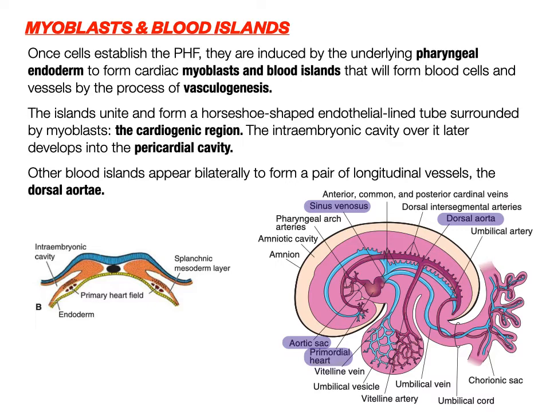Then the islands merge together to form a horseshoe-shaped tube called the cardiogenic region that will give rise to the heart. These blood islands also form a couple of dorsal longitudinal vessels called the dorsal aorta that you can see in this sagittal figure.